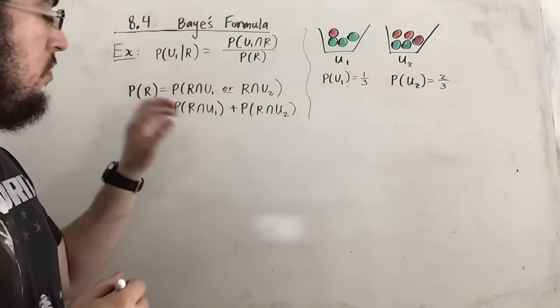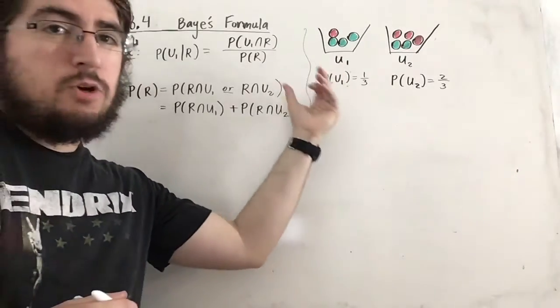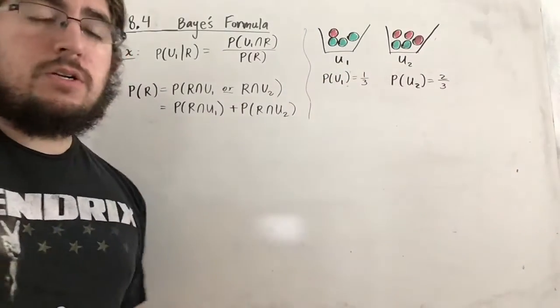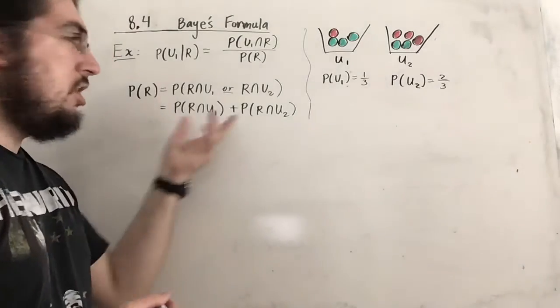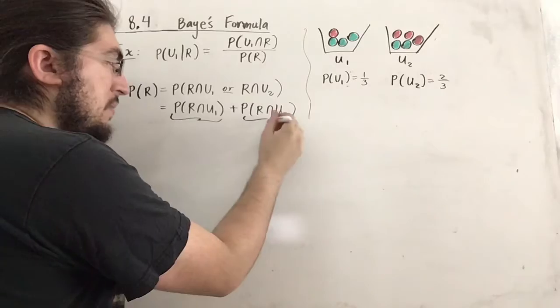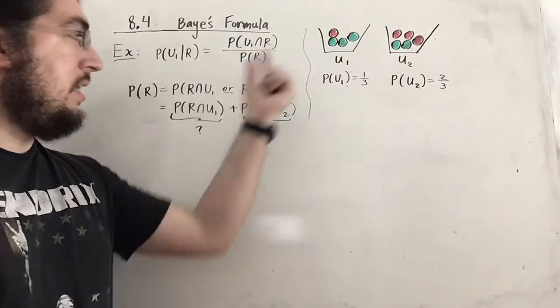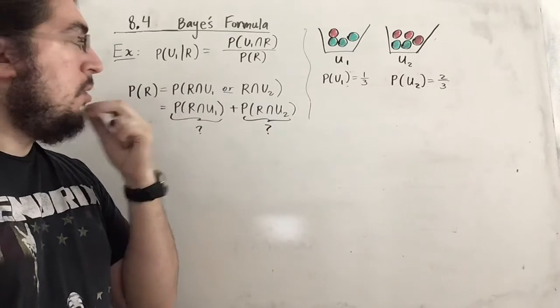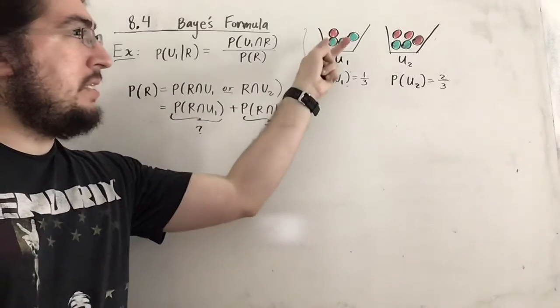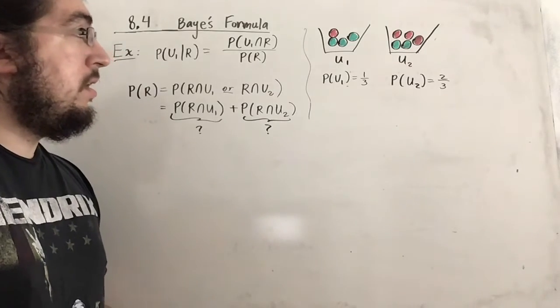Anyways, so we have figured out that the probability of drawing from urn 1 is 1/3 and urn 2 is 2/3. Also, we expanded this out to this much, but finding each of these seems kind of hard. How do we know the probability of it being red and that it's in urn 1? Well, if it's in urn 1 and it's red, then that means it's 1 out of a total of that many balls in urn 1.